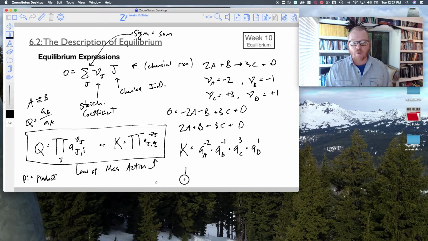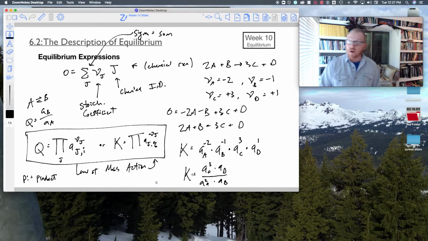Now if I simplify that expression, it's going to be the activity of C cubed times the activity of D to the first power, divided by the activity of A squared, divided by the activity of B. And wonderful, that's what you would have come up with, hopefully, in Chem 109.